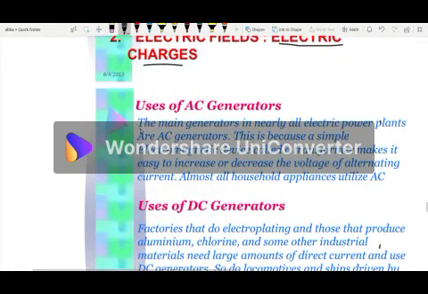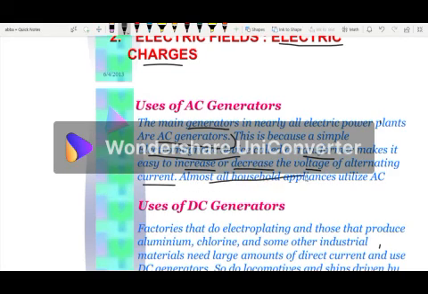Now the uses of AC, the first thing we need to think about is the generator. The main generators in nearly all electric power plants are AC. They are alternating. This is because of the simple electromagnetic device called the transformer that makes it easy to increase or decrease the voltage of the alternating current.